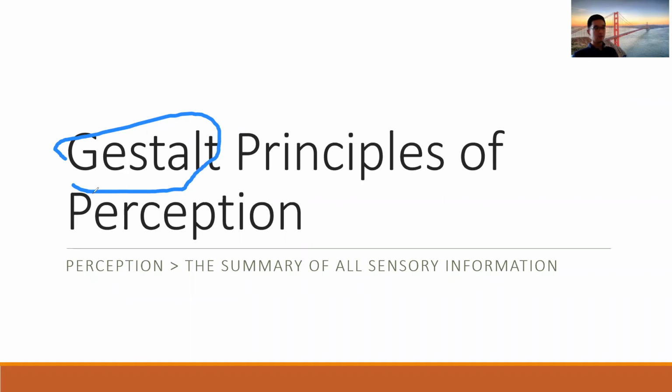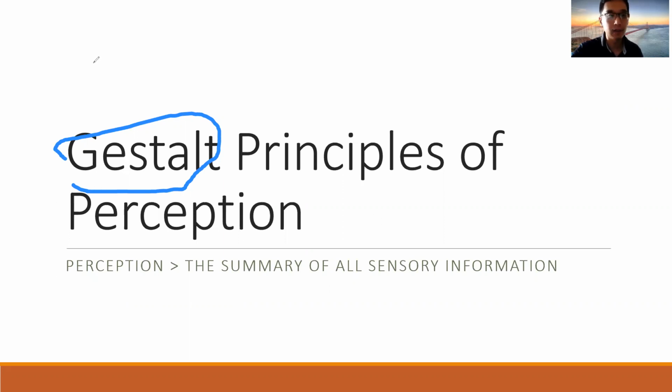Gestalt in German basically means form or pattern. The psychologists or scientists from Germany in the 19th century found that people have some kind of principles to form patterns inside the brain to have perception.